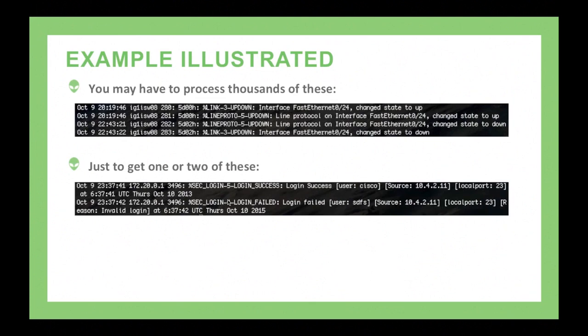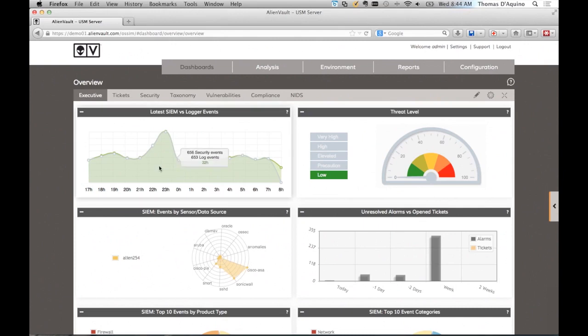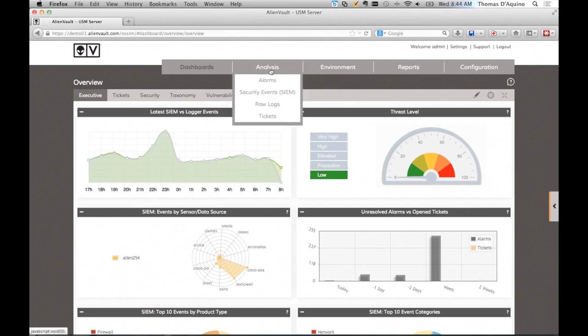So I'll show you some examples of that before we get into the other components of the AlienVault solution. I'll just walk you through some illustrations of this information. Okay, so a couple of quick things, starting with the firewall data.